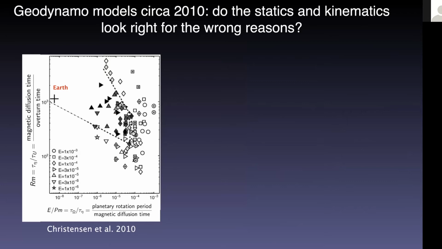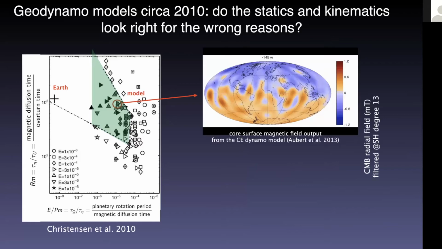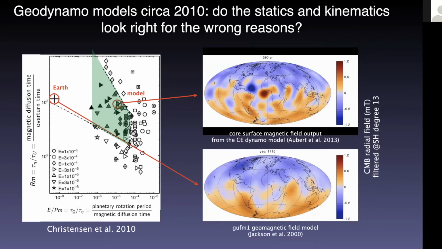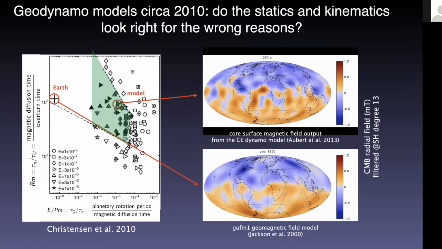Around 2010, we had statics and kinematics that looked right in, for instance, this dynamo simulation here, where I plot the radial magnetic field at the core mantle boundary of the Earth versus a geomagnetic field model here, GUFM1.